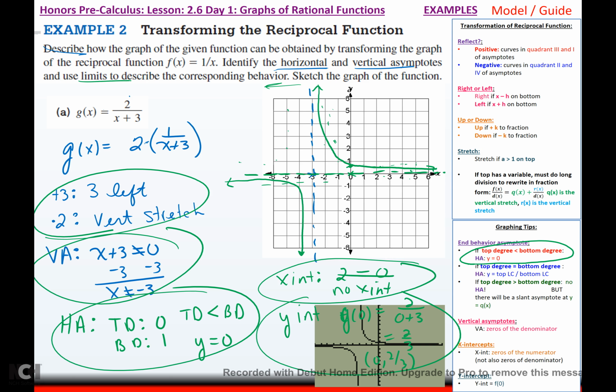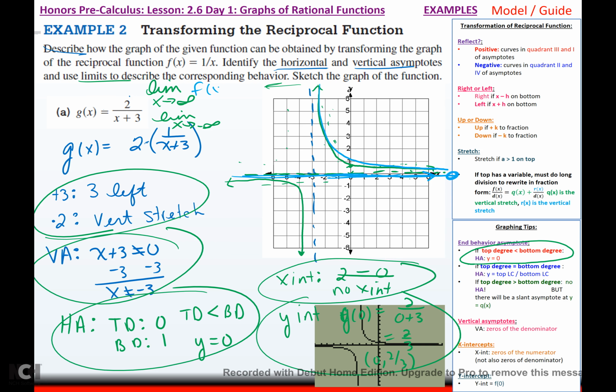Now, we also have to use limits to describe the corresponding behavior. And what they mean by that is finding the limit as x approaches infinity, and what happens as x approaches negative infinity. Well, if I trace my graph, as x gets bigger and bigger, as I head towards infinity, it's coming down and getting closer and closer to this horizontal asymptote.